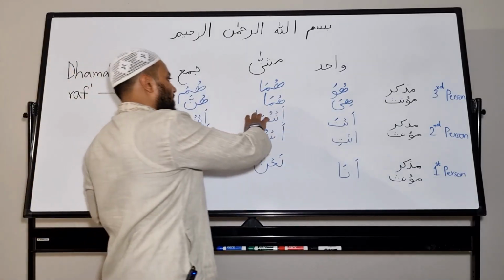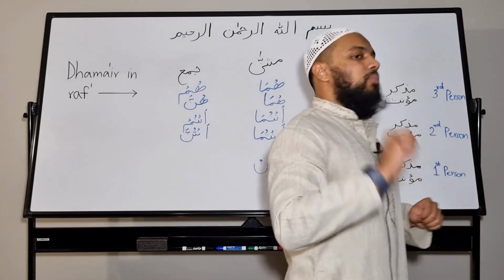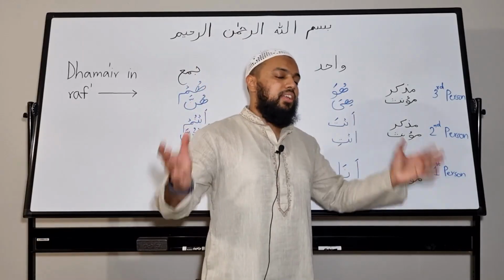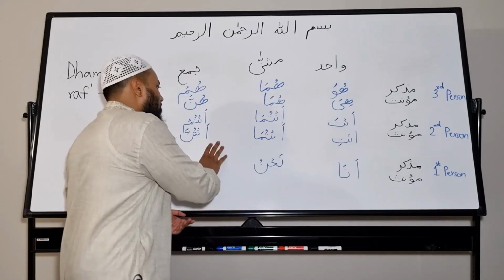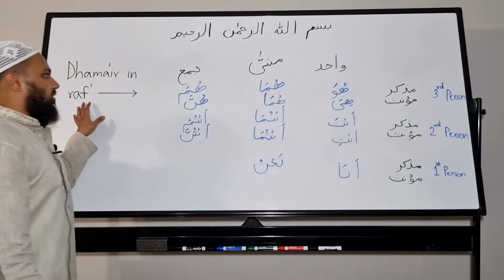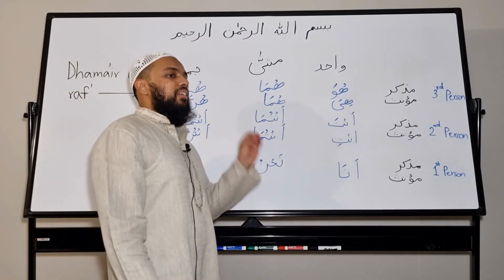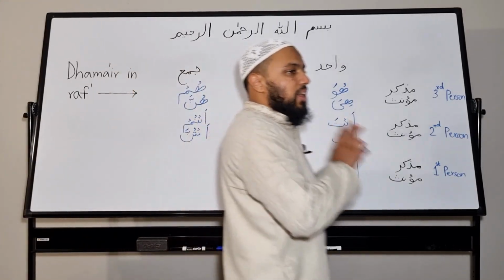And this table, as we said, there are two tables, right? If you know those two tables, you will be able to understand all the dhamair in the Quran. So this is the table for the dhamair in refer. Out of those four things, we know that dhamair are ma'rifa.